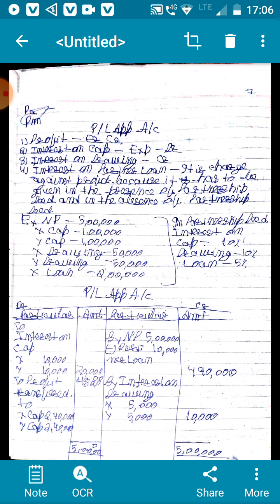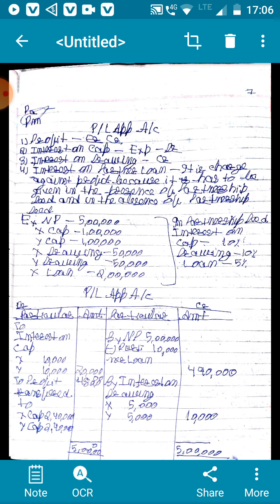Now, interest on capital. The capital is 1 lakh. Interest is given at 10%. So 10% of 1 lakh is equal to 10,000. Give 10% on 1 lakh, 10,000, and credit 10,000 to X capital account.